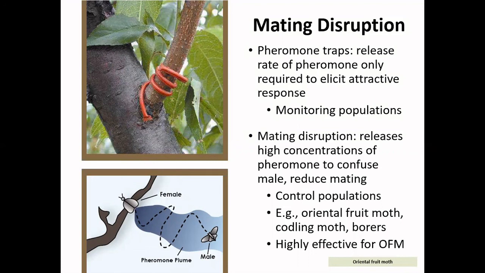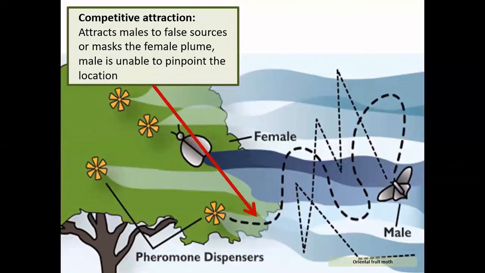Now, if these pheromones are released in higher concentrations, this can be used for mating disruption. You can see in that top picture here an example of a mating disruption tie that's commonly found within orchards, and this can be really effective for Oriental fruit moth management. The way that mating disruption works is one of 2 ways. So either the dispensers can outcompete the female, so the male is attracted to the plume that's released from the dispenser as opposed to the female.